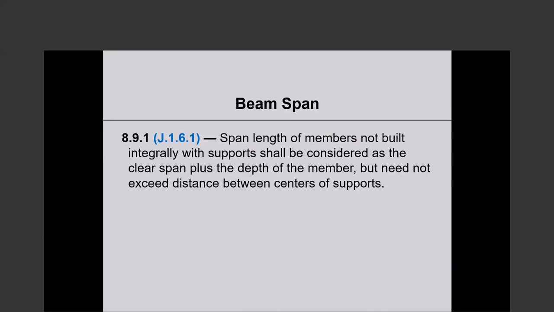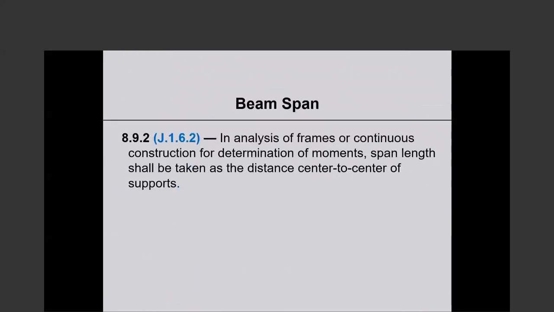I think if you read it, it's clearly understandable. In analysis of frames or analysis of continuous construction or determination of moments, span length shall be taken as the distance center to center of supports. This is what 318 and BNBC tell you directly.